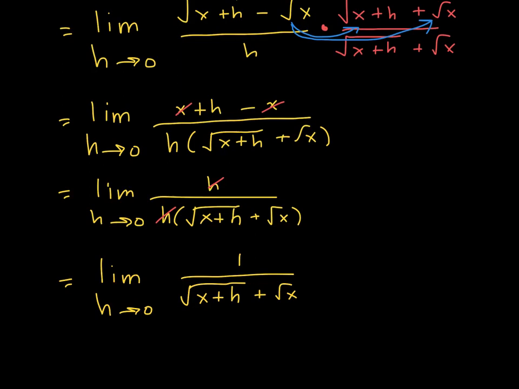Now, our expression is no longer undefined when we use direct substitution. So let's do that. Remember, h is approaching 0, so if this h is becoming 0, then this is the square root of x plus the square root of x. So then it is 1 over 2 times the square root of x.